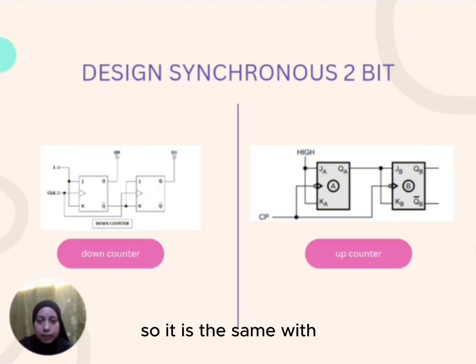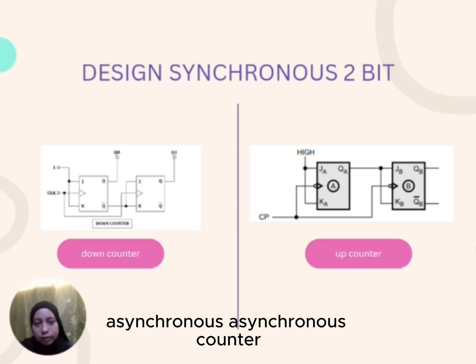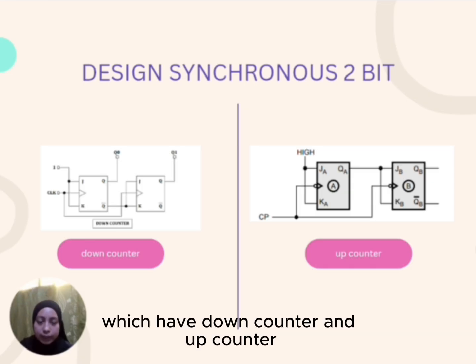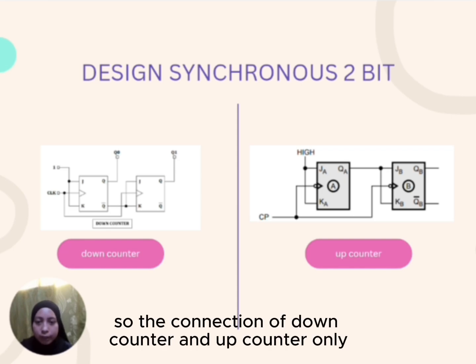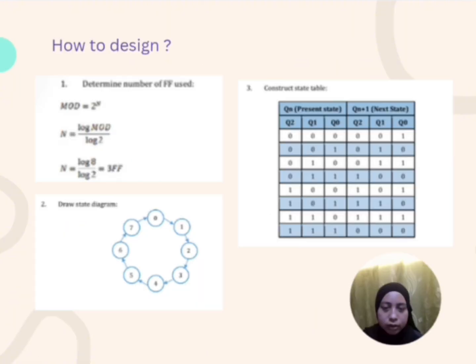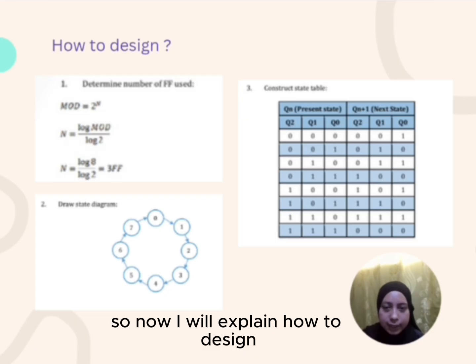It is the same as asynchronous counter, which has down counter and up counter. The connection of down counter and up counter only differs in the Q bar and Q at both flip-flops. So now I will explain how to design.